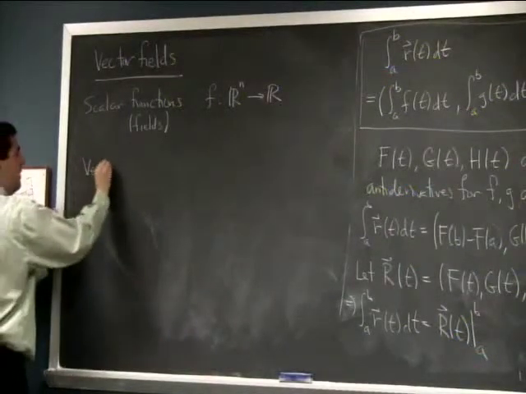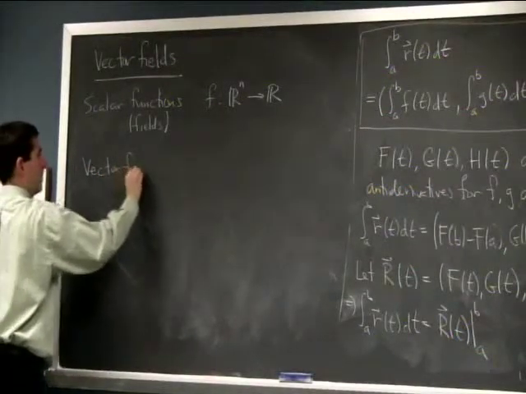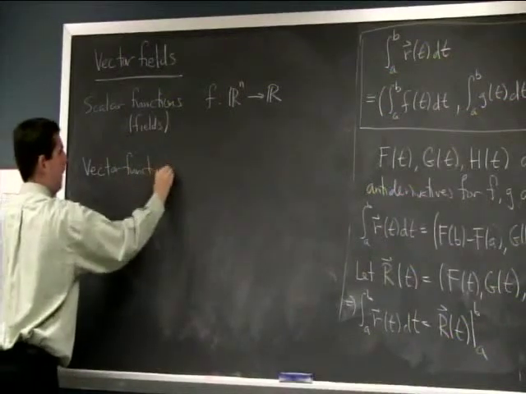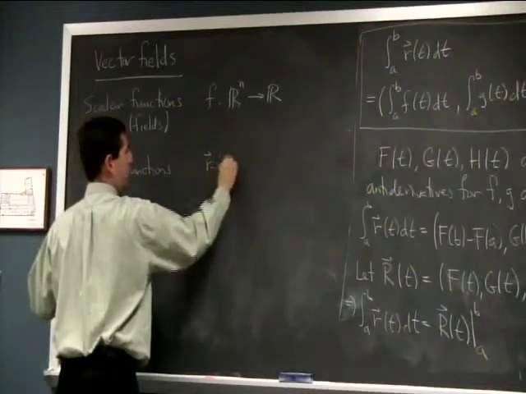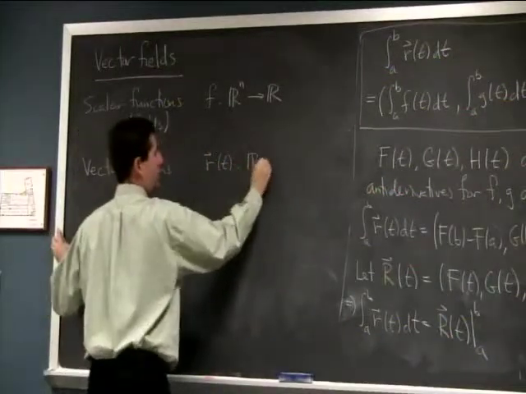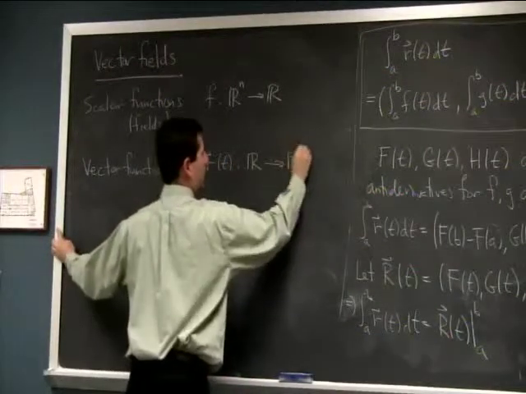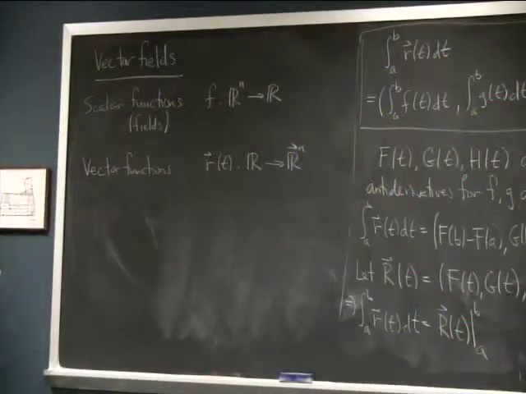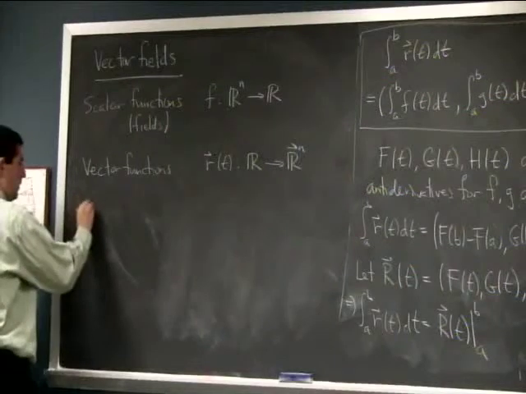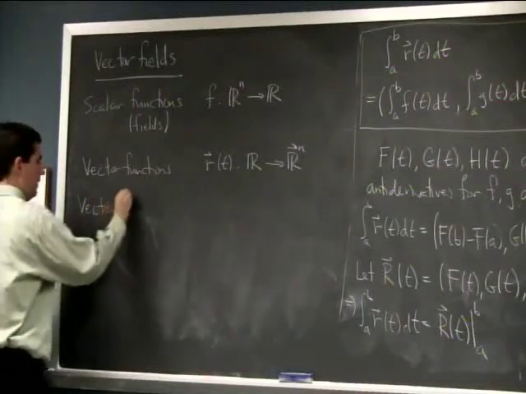Okay, and then we just defined vector functions. These are these r of t's that eat real numbers and spit out vectors in Rn. Now, the next thing is going to be vector fields.